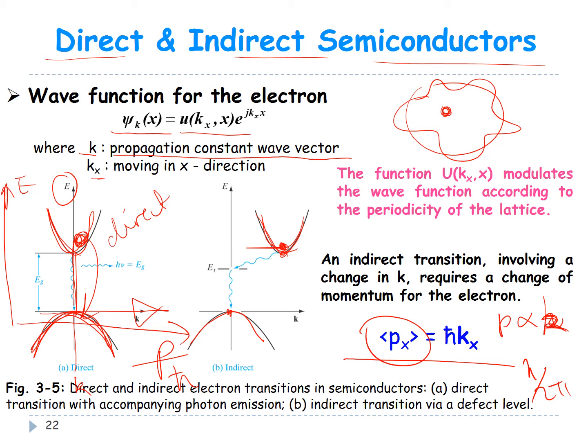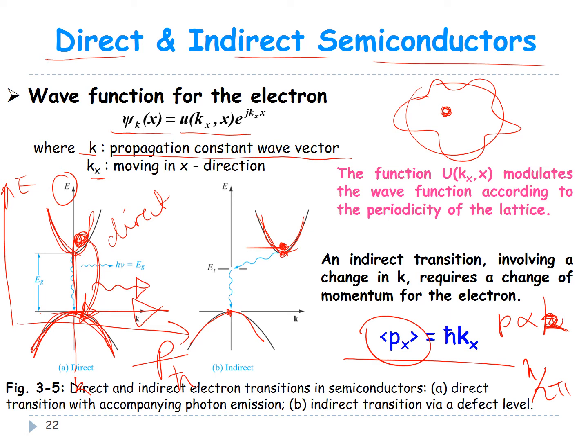So this is direct in the fact that the electron falls to the valence band without a change in momentum, and in most cases, all the energy that the electron loses is given off as light.